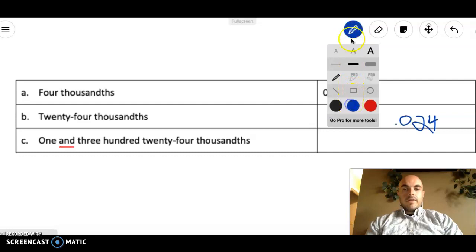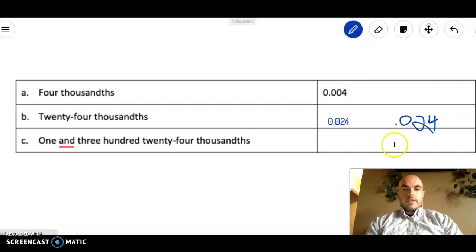So I actually have a 1 in the ones place, a decimal, 324 thousandths. So I'm starting in the thousandths place. I have 4 of them, and then there's 300. So it's 324 thousandths. So 1 and decimal, 324 thousandths.